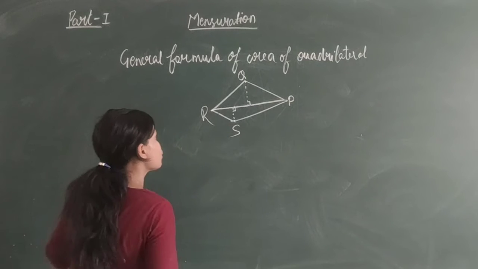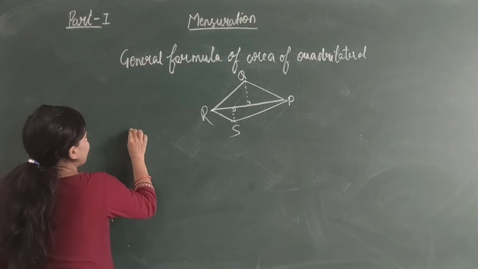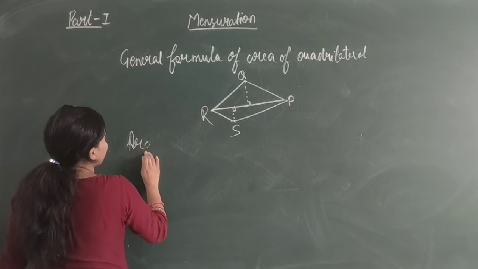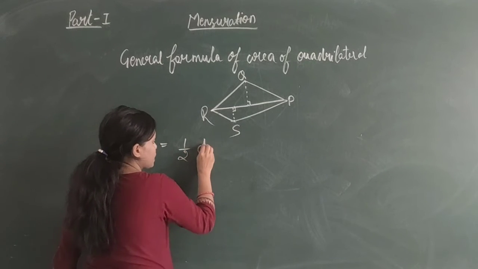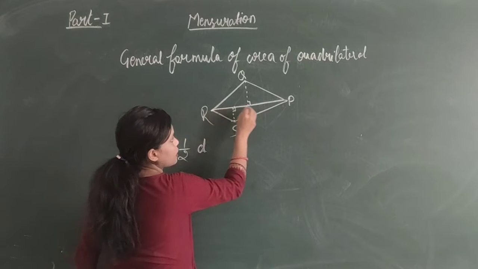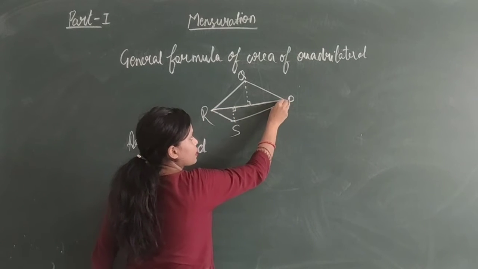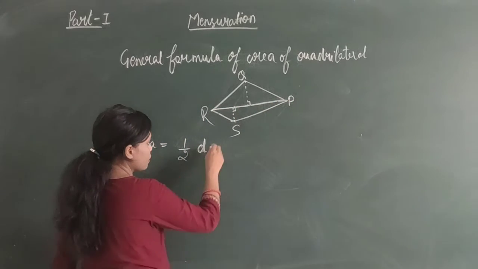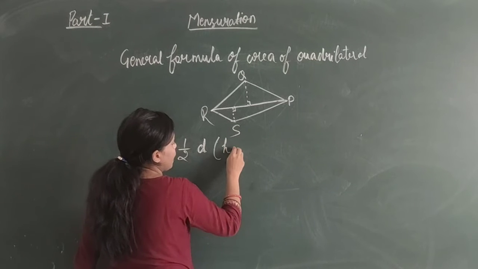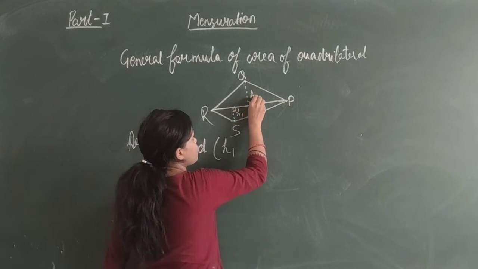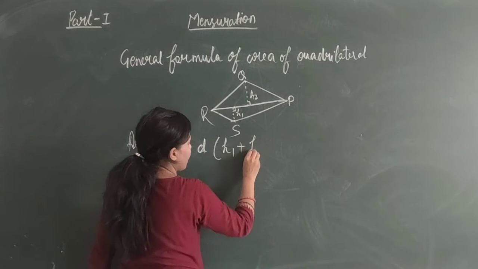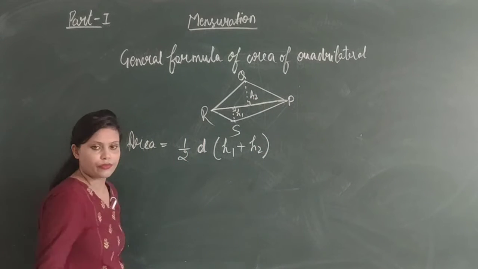So the area will be half D, where D is the diagonal, multiply height 1 plus height 2. Suppose this is height 1 and this is height 2.